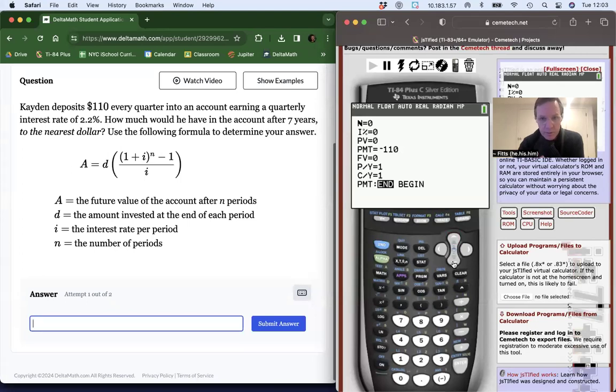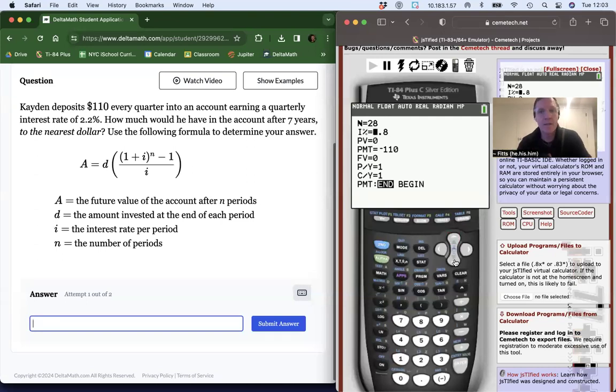So the annual interest rate, which is what you put in here, would be 2.2 times 4, because it's 4 quarters in a year and you want the annual interest rate in there. How much would he have after 7 years? That would be 7 times 4 periods, so 28 periods.